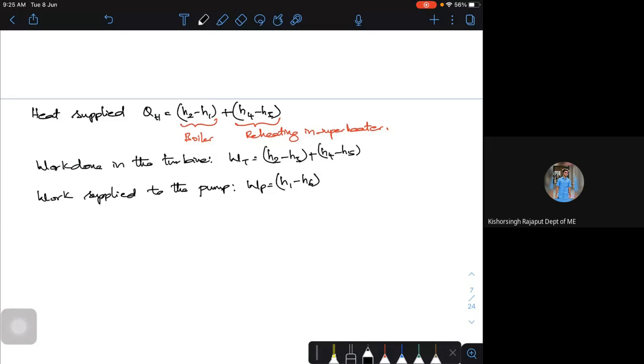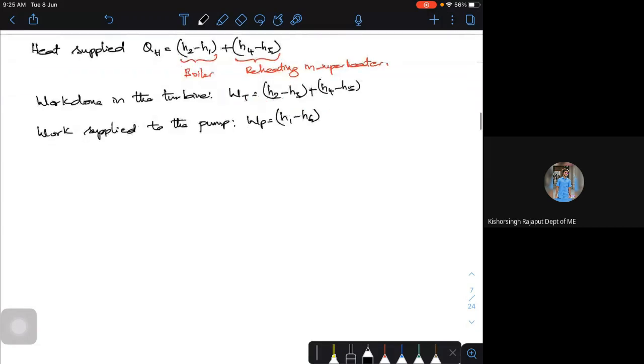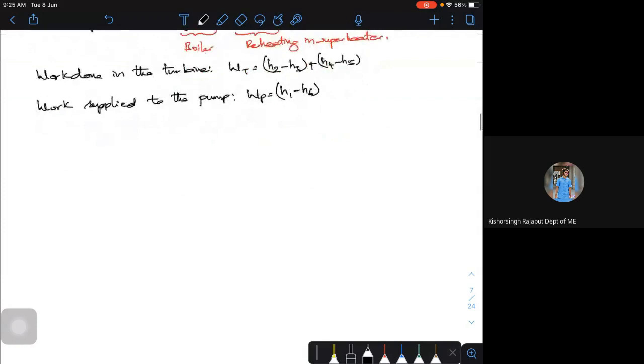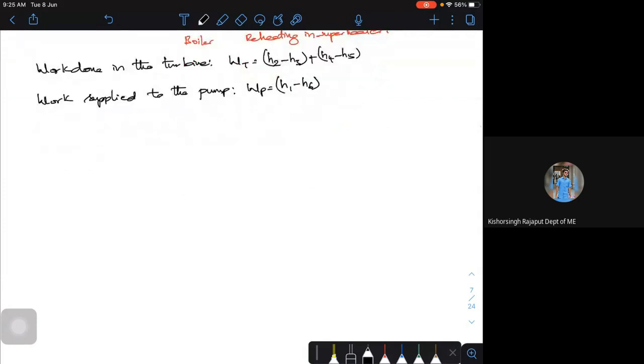So what is the net work done? Therefore, the net work done, W net, is equal to turbine work minus pump work.